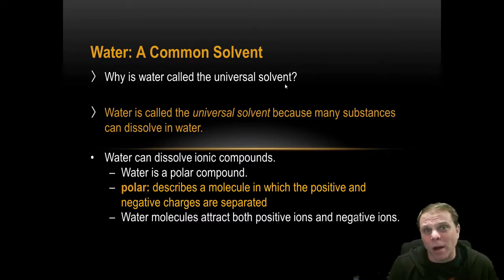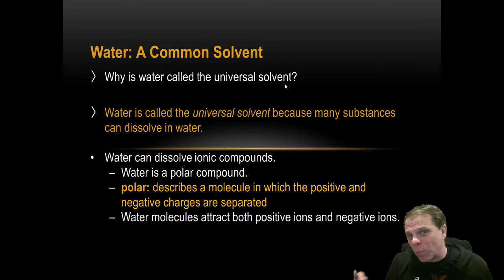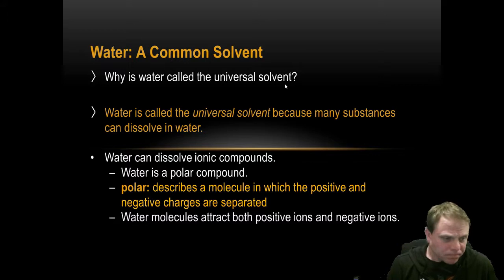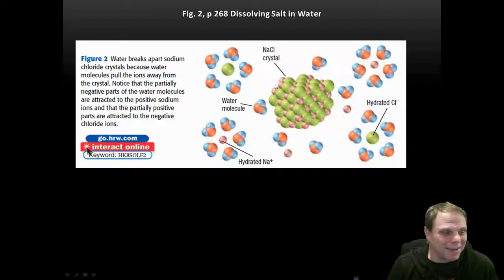When we're talking about a water molecule being polar, it means that one side is positive charge and one side is negative charge, and those charges are separated. What that does is make water have the ability to attract both the positive ions and the negative ions. So here's an example of that.